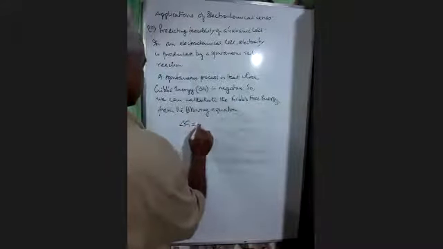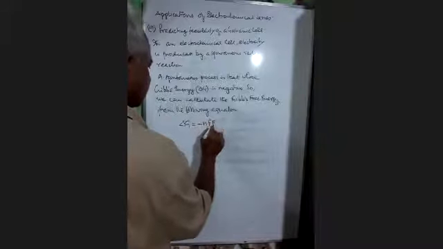Delta G is equal to minus nF E0 cell, that we have done in class 11.